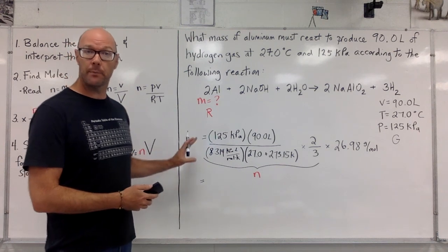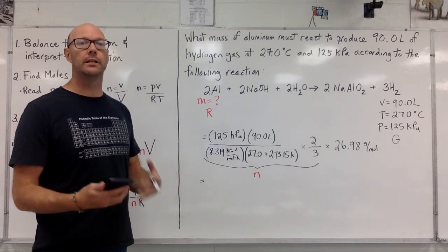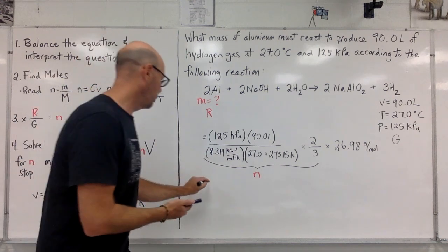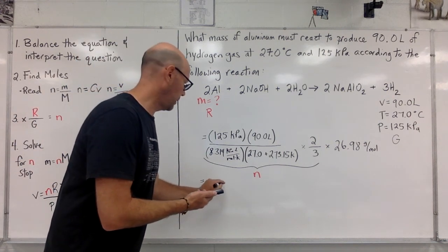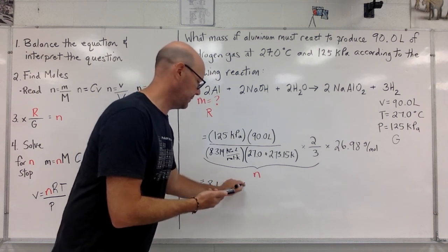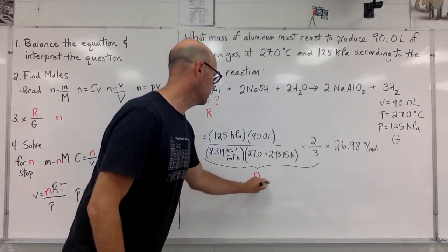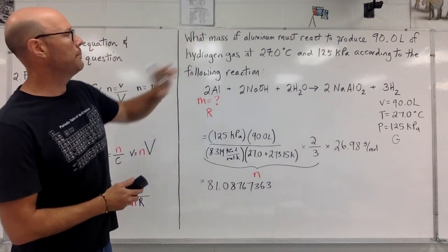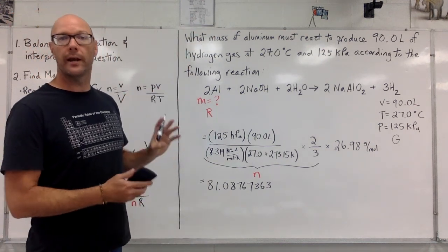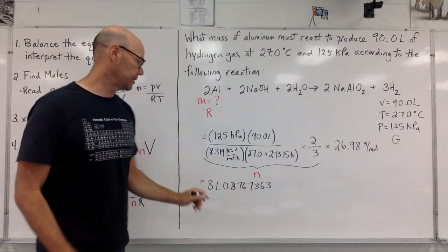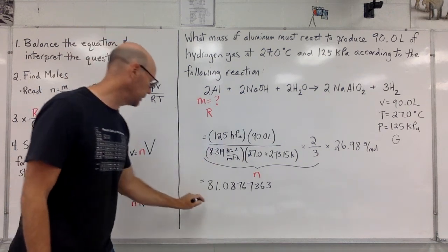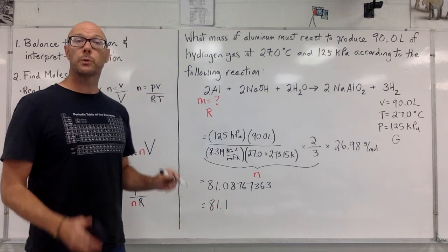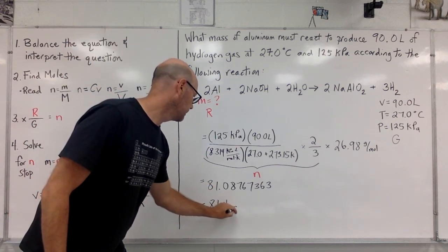If we have this set up correctly, it would be a shame if we didn't arrive at the answer because our calculator let us down. We end up with 81.08767363, which, when I go back to the question, 90.0, 27.0, and 125 have 3 significant digits, so I need to round this off appropriately. 81.1. This was the mass in grams.